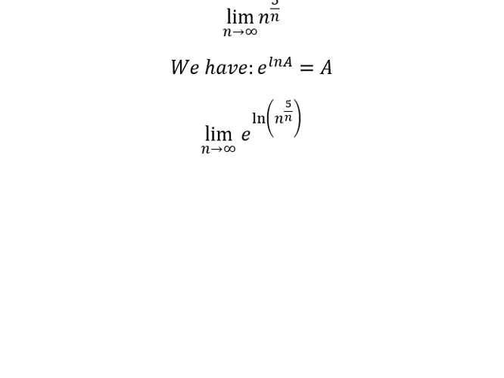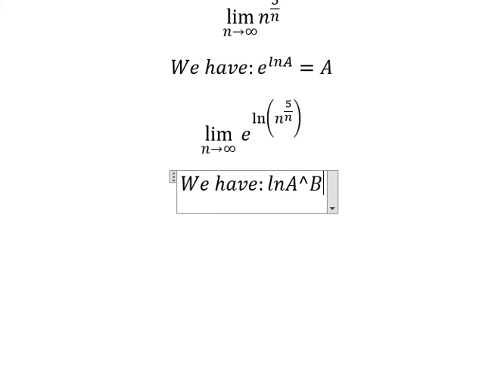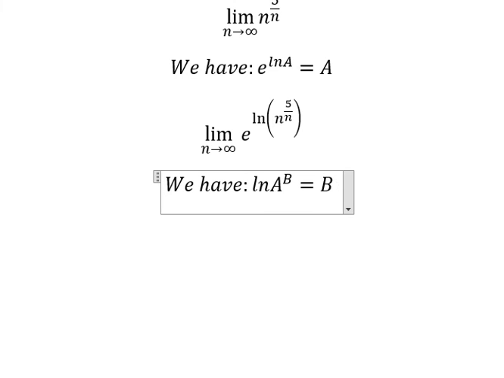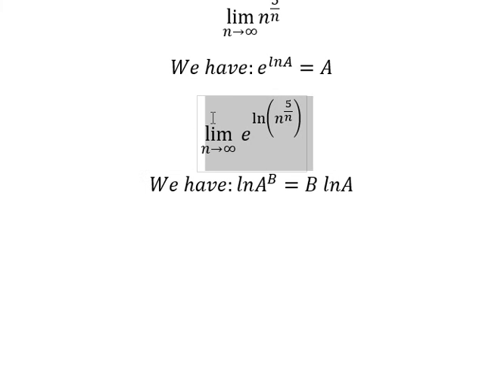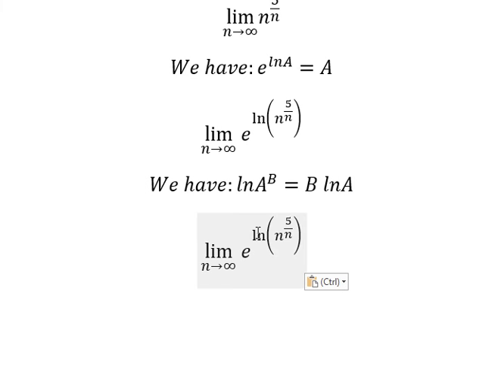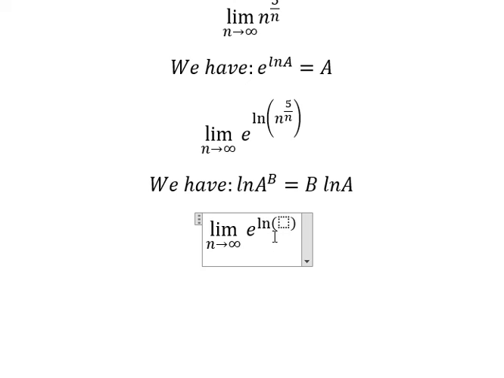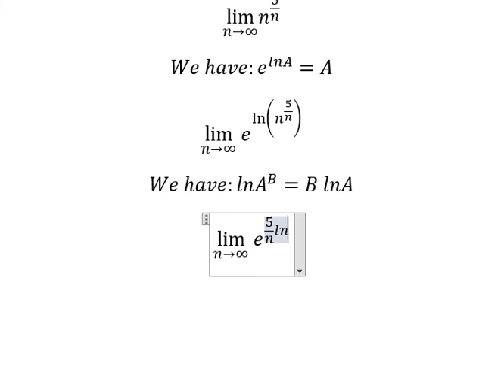So we have the second formula in here: ln a to the power of b equals b ln a. So I need to put this one outside. Now we need to find the limit of this one.